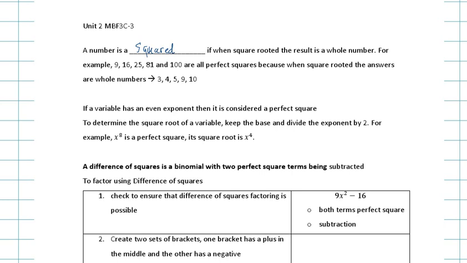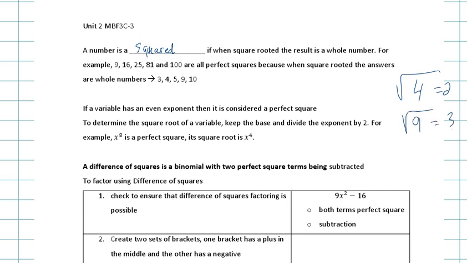What would the sign of square root look like? This. Right? So, if you have, let's say, 4, and you do the square root of 4, what are you going to get? 2. If you have a 9, and you do the square root of 9, what are you going to get? 3.